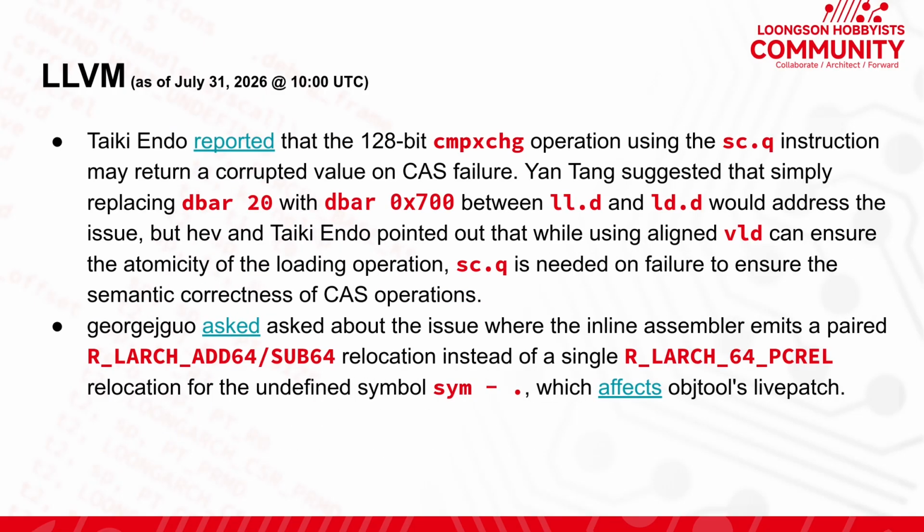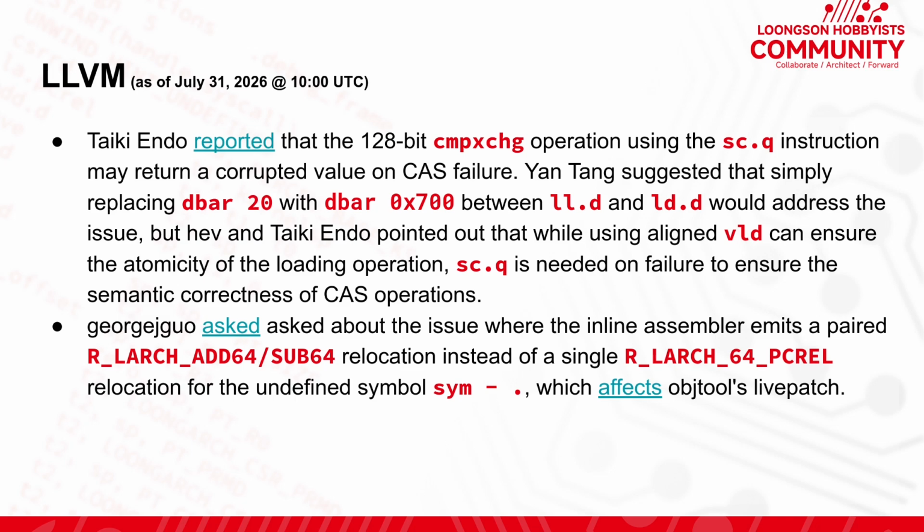Taiki Endo reported that the 128 compare and exchange operation using the SEQ instruction may return a corrupted value on CAS failure. Yentang made a couple suggestions to fix it up, but basically up till now the approach to fixing this issue is still under discussion.